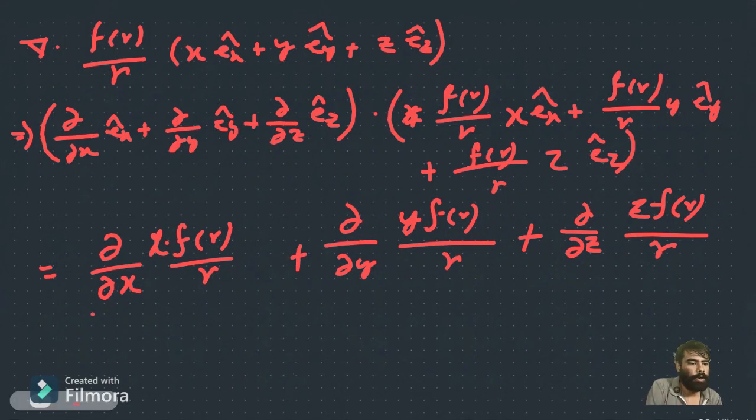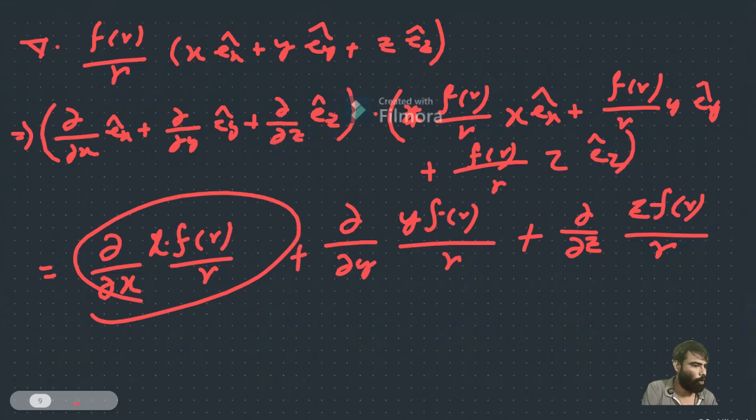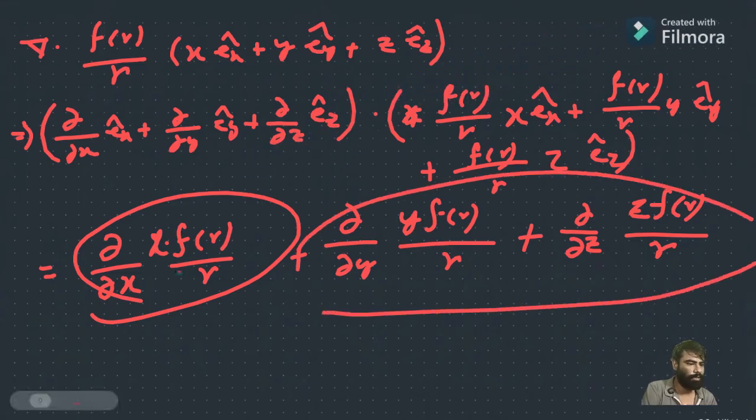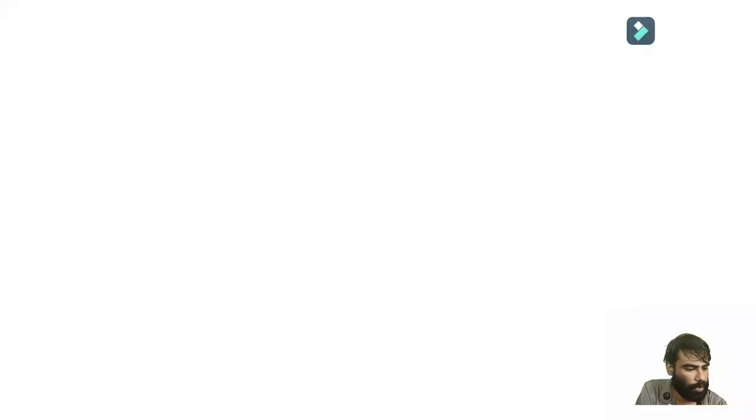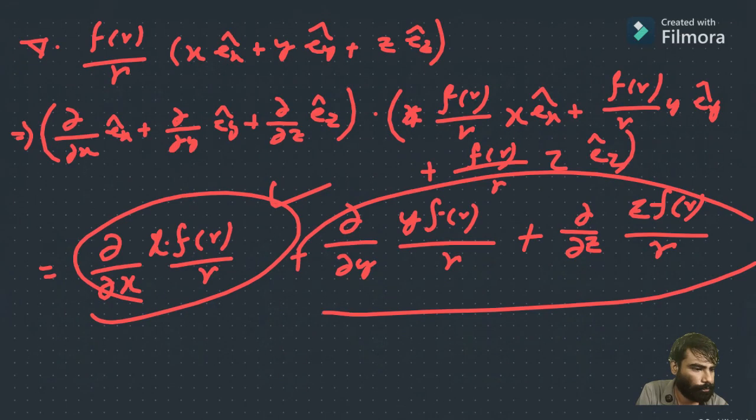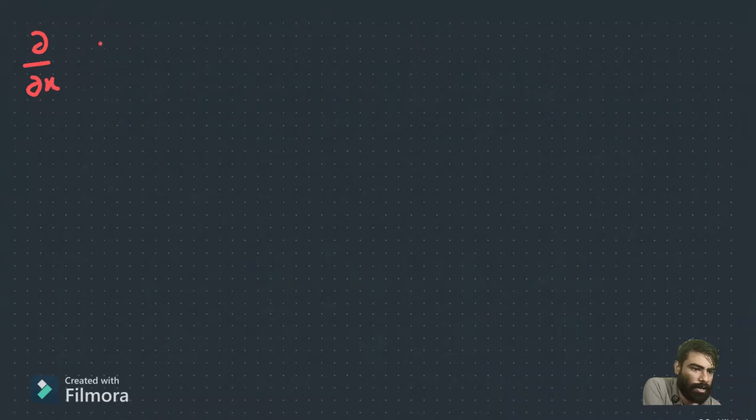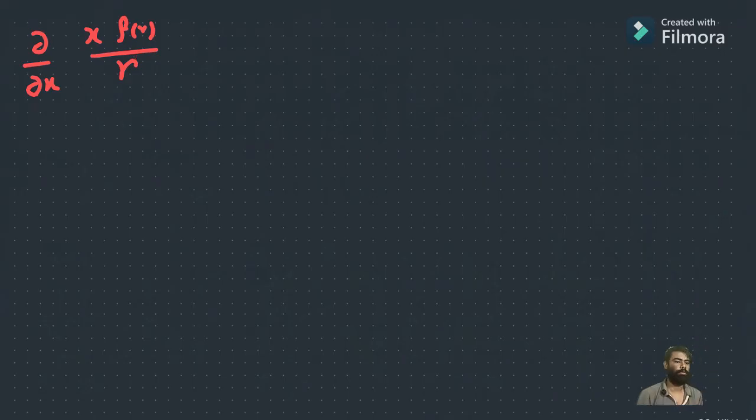Okay, now let's forget about the rest of the terms and only consider this term, del of del x of x f(r) by r. Let's first calculate this part, then we'll calculate the y component and the z component as well.